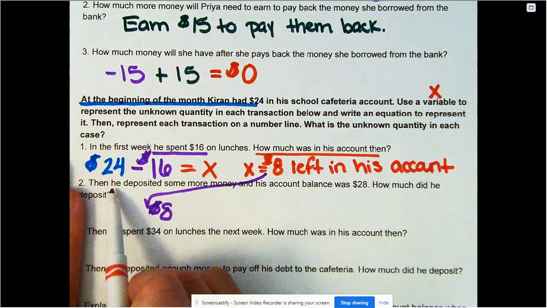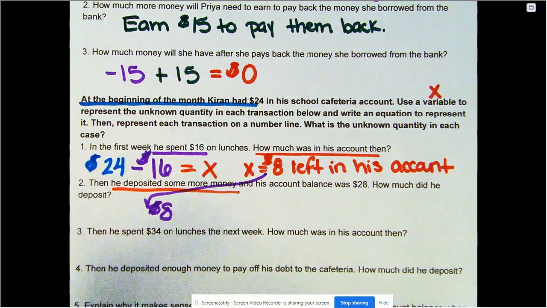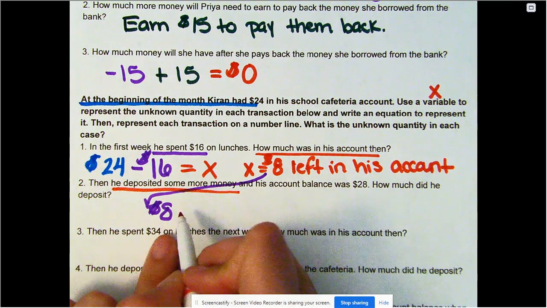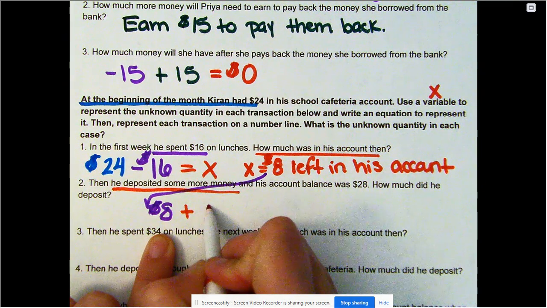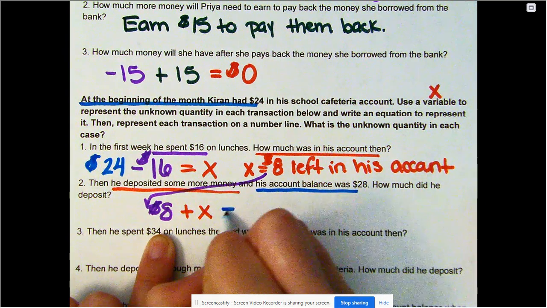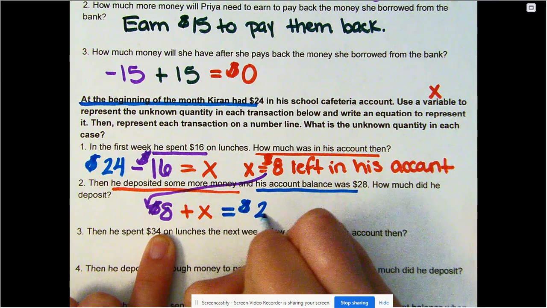No, it just says that he deposited more money. If you think of a deposit, you're putting in, so you are adding to his account. It did not tell us how much money he added. And then it said that his account balance was 28, so his account now equals $28.